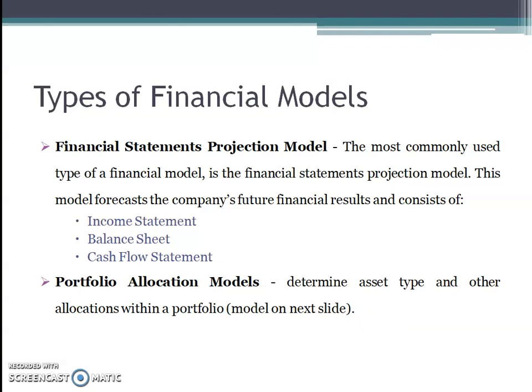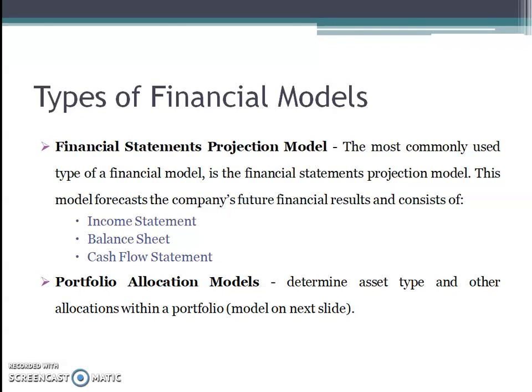The next type of model is the portfolio allocation model. The portfolio allocation model is basically to design or to allocate the investment into various securities. As we know, a portfolio is a combination of various securities where we are putting our money into different types of investment, like if we are investing our money in bonds, shares and debentures, then it is going to create a portfolio.